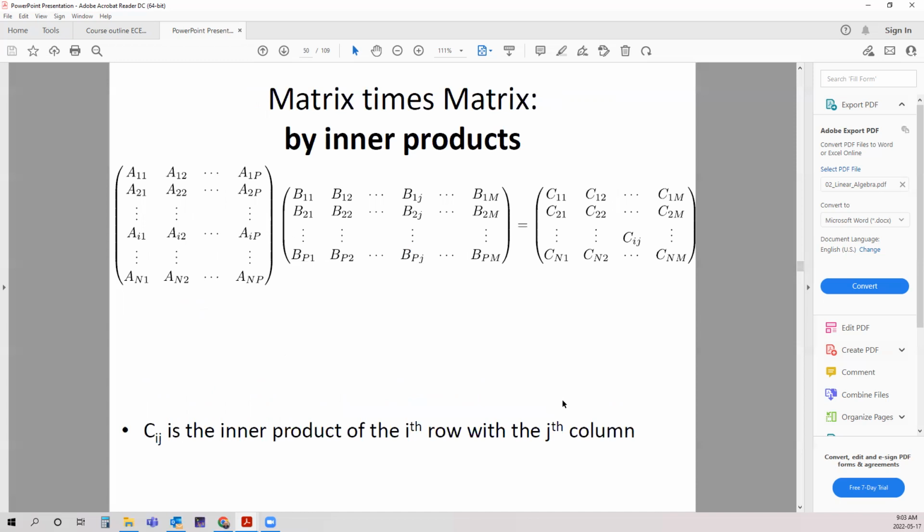Matrices by inner products: C_ij is the inner product of the ith row with the jth column.